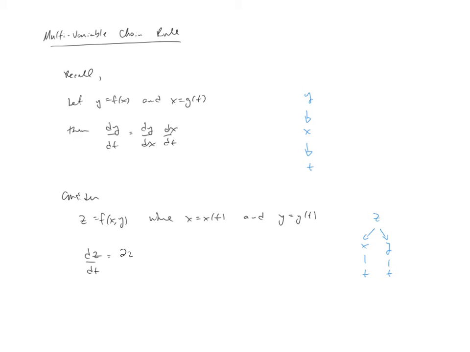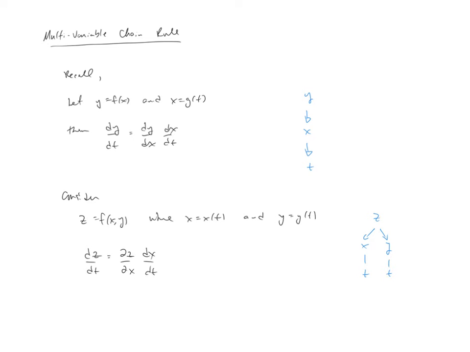Partial z, partial x got me to here. Now there's only one pathway leading me to this t, so that's going to be a Calc 1 single variable derivative, dx/dt. So partial derivative of z with respect to x, derivative of x with respect to t.